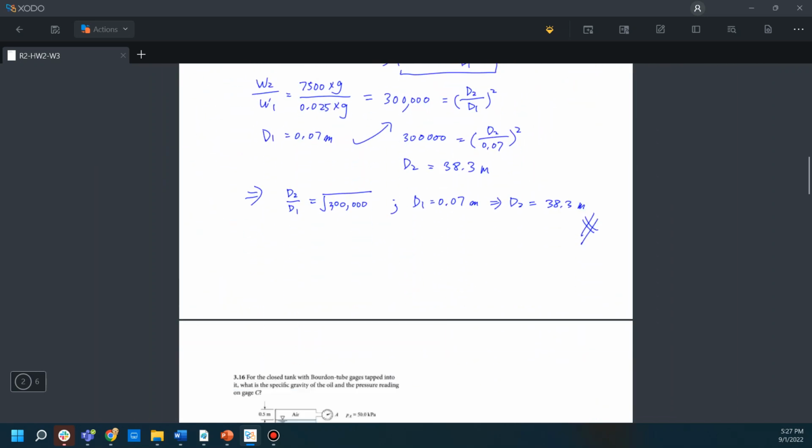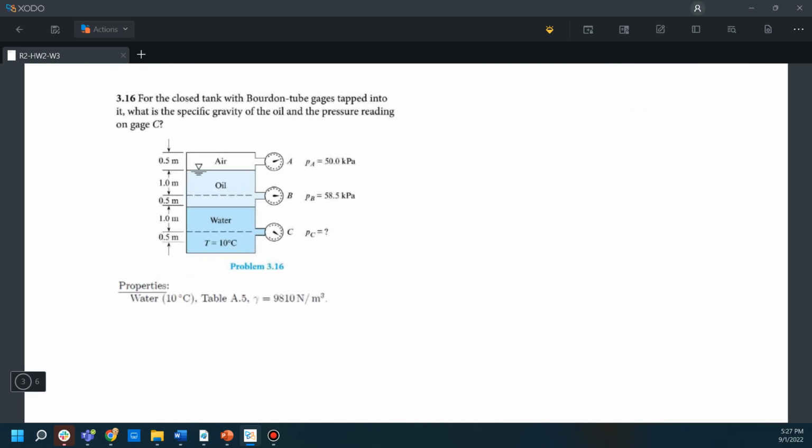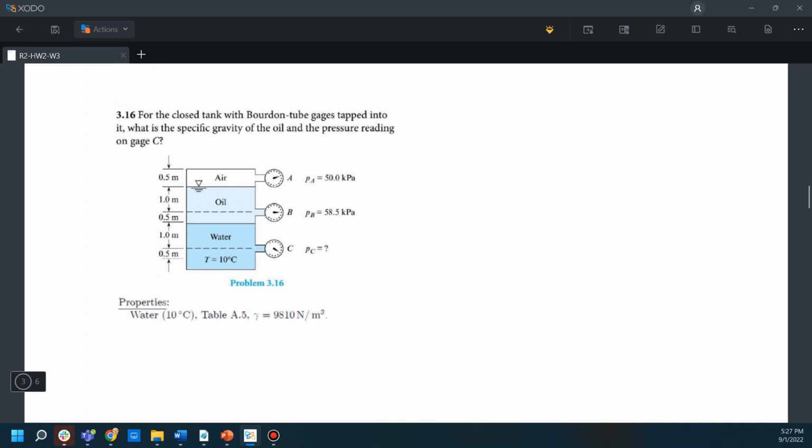Now let's go to the next problem. Problem 3.16: for a closed tank with the Bourdon tube and gauges tapped into it, what is the specific gravity of the oil and the pressure reading on gauge C? So we want to solve the specific gravity for oil.